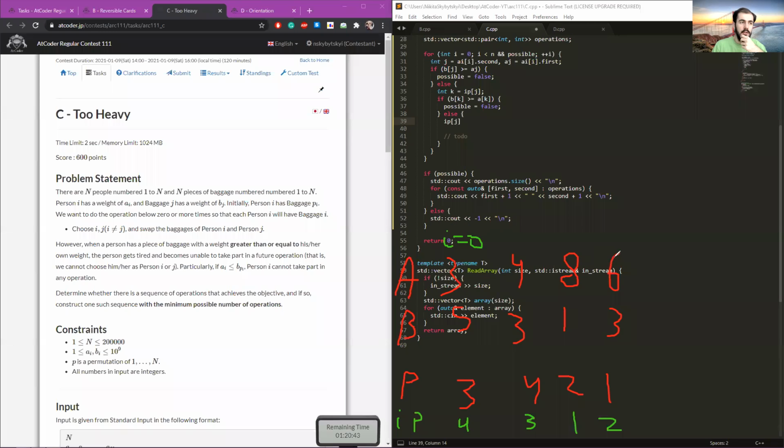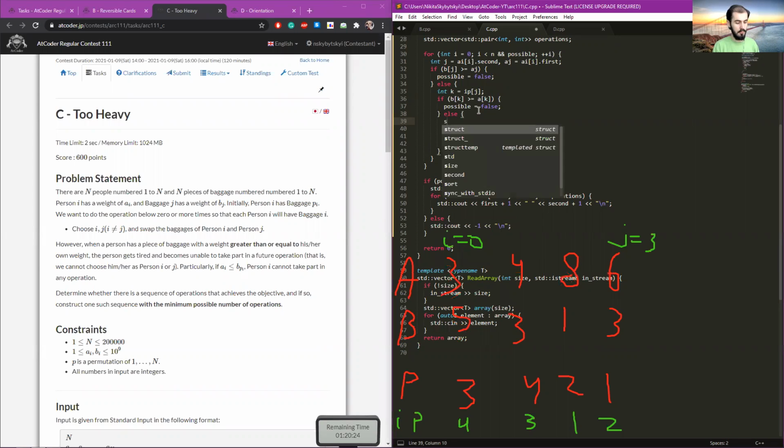And j, we child here, so j is here. 3, right? What happens when we swap them? So first, I think we can just swap b at j, b at k.